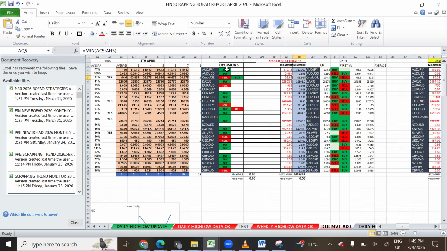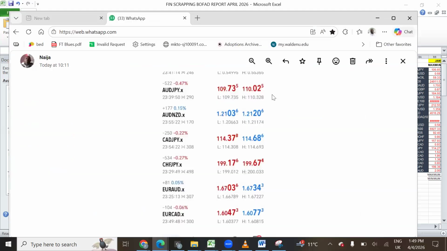So for example, here you can see 110.13 is our maximum, and the market is saying a buy for now. Can you see? So it means that the highest point should now be above 110.13. Just like we checked there, you can see the highest point is 110.328, and our low is 109.73.